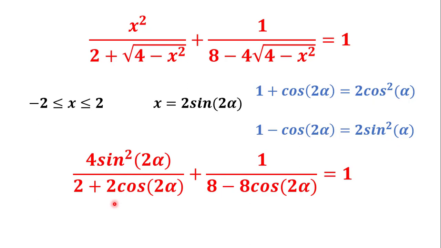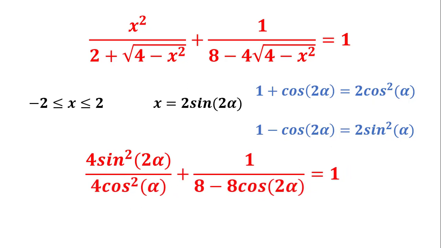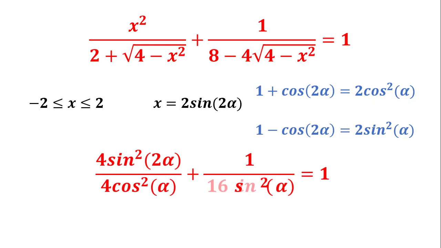So in here we can write 2 times 2 cosine squared of alpha, and in here we can write 8 times 2 sine squared of alpha. We're going to get 4 cosine squared of alpha, and in here 8 times 2 becomes 16 times sine squared of alpha.